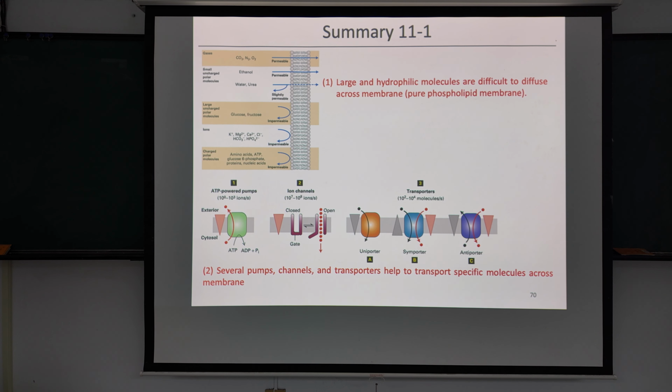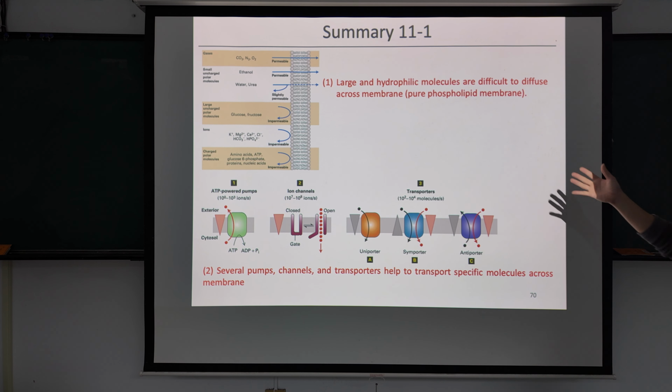Okay, so we finished section 1 of chapter 11. Large and hydrophilic molecules are difficult to diffuse across the membrane, meaning the pure phospholipid membrane. You need to know the basic chemical properties. The membrane is not permeable to hydrophilic, large, and charged molecules.